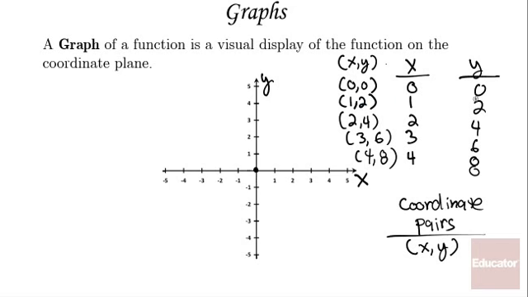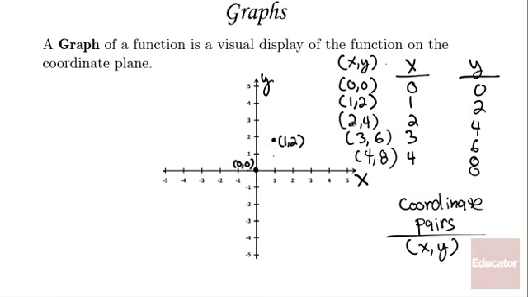So 1 and 2. In order to graph this, I'm going to go over to 1 on the x-axis, so over 1 horizontally, and then I'm going to go up 1, 2. So first I had my coordinate pair 0, 0, and then next I had 1, 2: over 1, up 2, so the x is 1, the y value is 2.